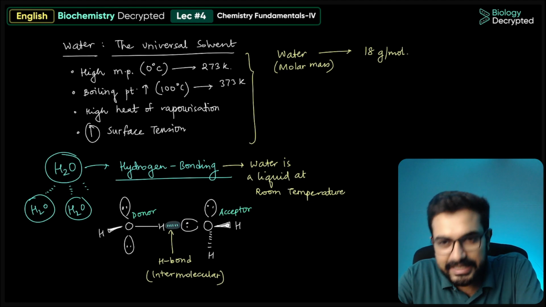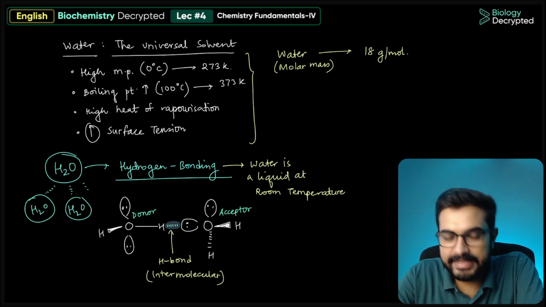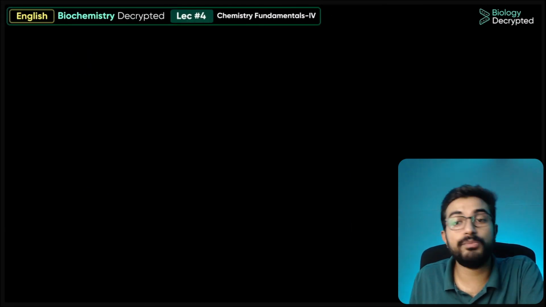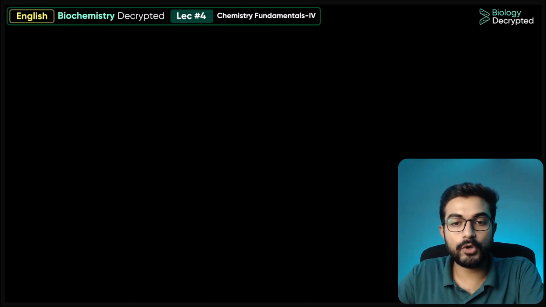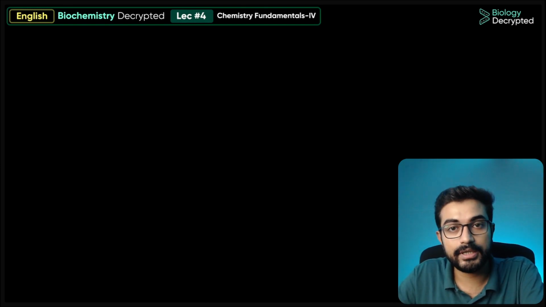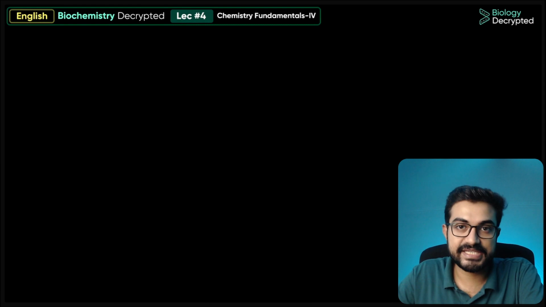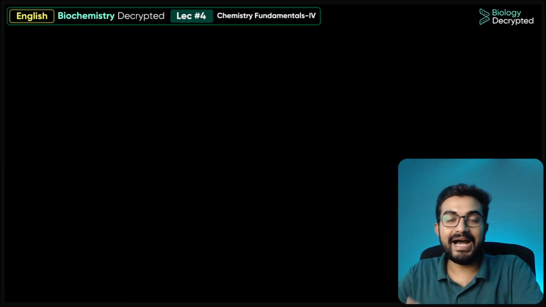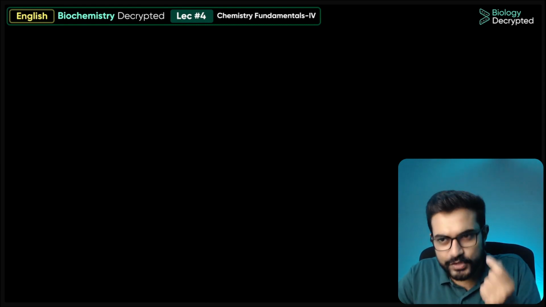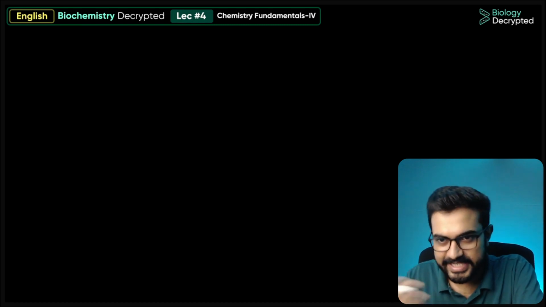Now let's talk more about this concept of hydrogen bonding in water, because hydrogen bonding is not only seen in liquid water, it is also seen in ice, and this is the reason why ice actually floats on water. So let's talk about it.